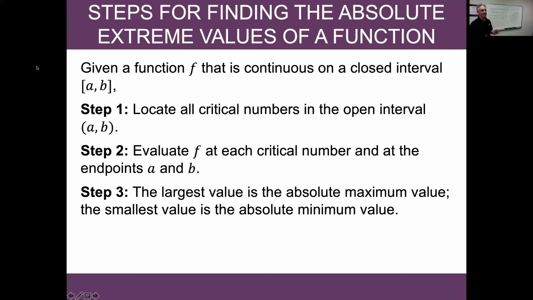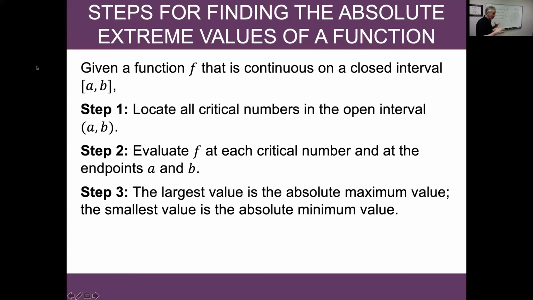So, steps for finding the absolute extreme values of a function. Given the function is continuous on a closed interval, and ours is between 0 and 2, locate all critical numbers in the open interval, so that means it's either going to be a top value, a hump like our situation was, or a low value. Then evaluate the function at each critical number and the endpoints.